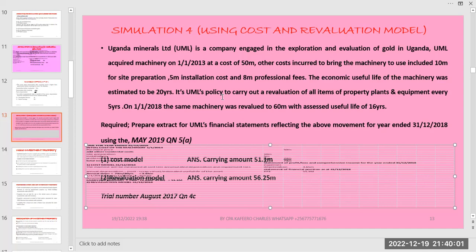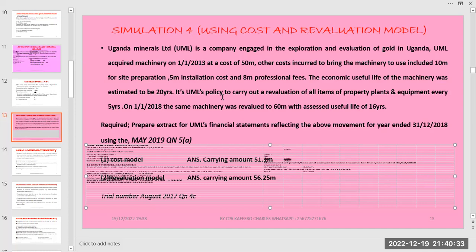So what this statement means is that if they have done the revaluation on 1st January 2018, and they have given us the revalued amount of 60 million and the useful life of 16 years, what we want to know is what is the carrying amount of the asset from the date it was acquired until the date it was revalued.